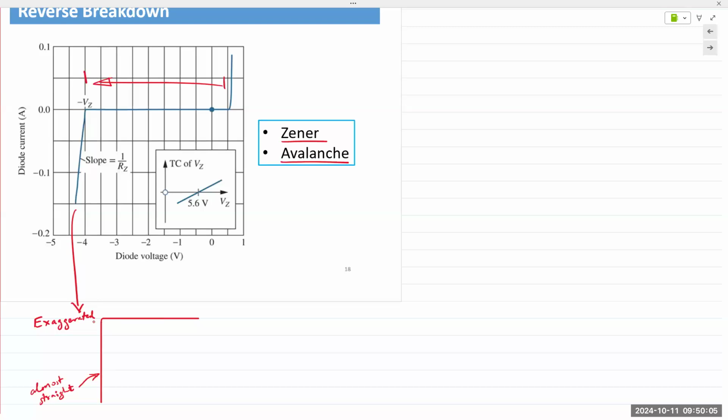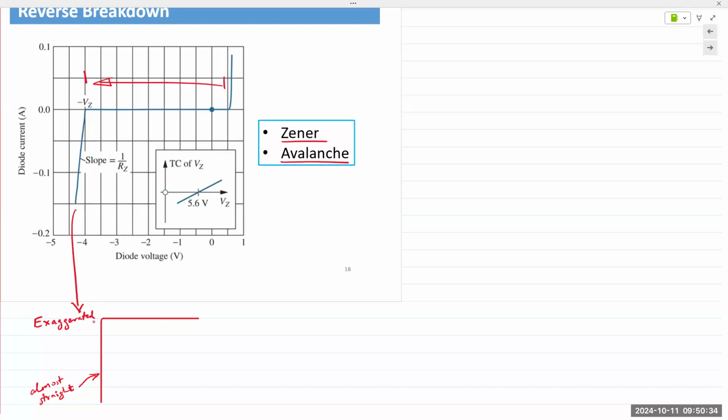In their movement in the tightly enclosed space, they run into other atoms. So let's say one carrier runs into another atom, it knocks that atom out, knocks other particles loose. So let's say one electron will result in 2 or 3 more electrons being broken out of its bond physically.